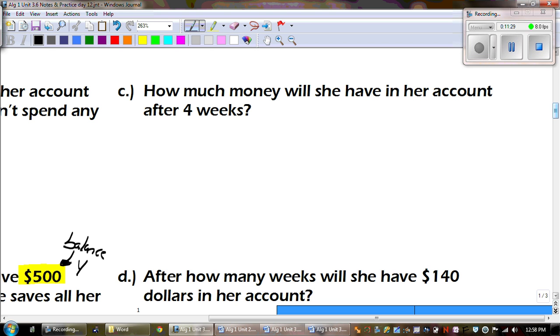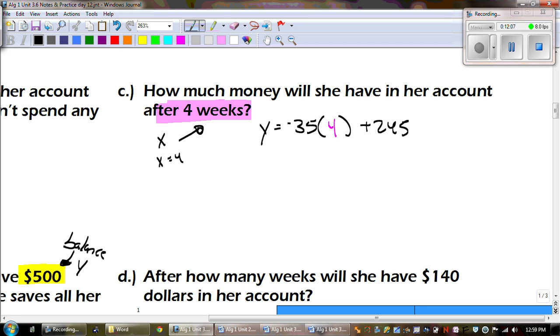All right, C. How much money will she have in her account after 4 weeks? So once again, they're telling us the weeks, and that was our X. All right, so for here, if that's our X, we know that 4 weeks have passed, so that's what you're plugging in for X. Okay, X equals 4.